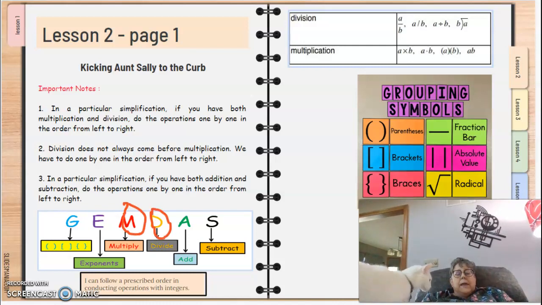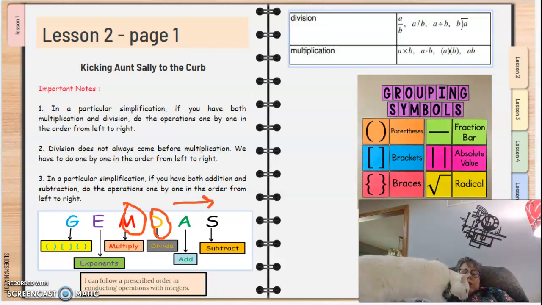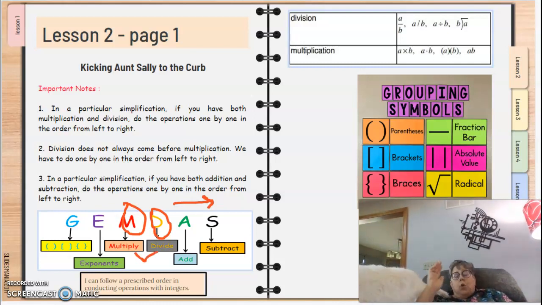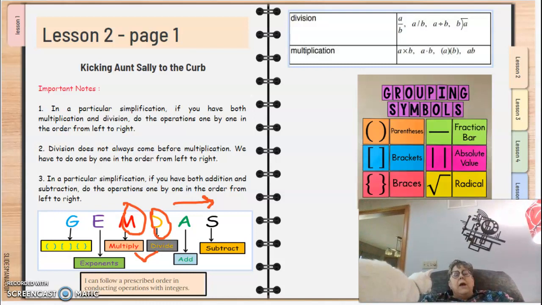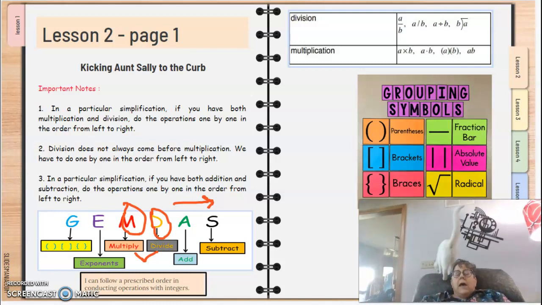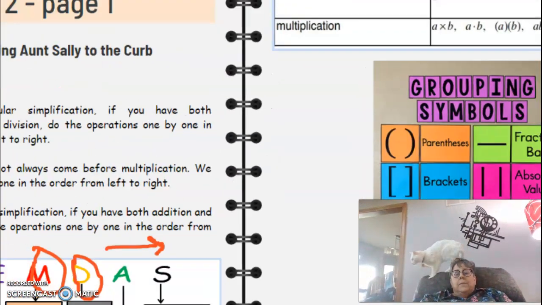When you have multiplication and division, you're simply going to work from left to right. These two things are grouped together in importance, and then you just work from left to right. We'll have some problems where we talk about that in just a little bit.